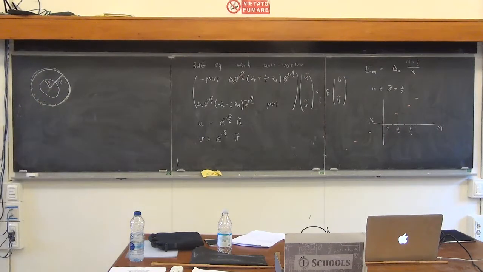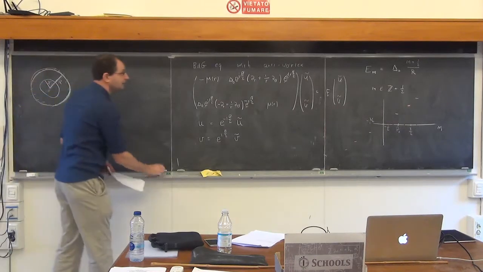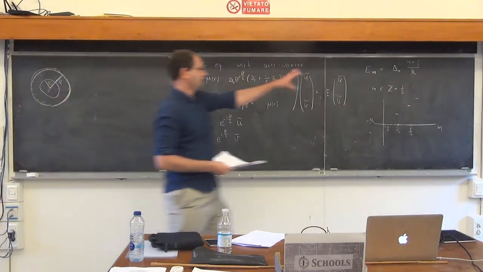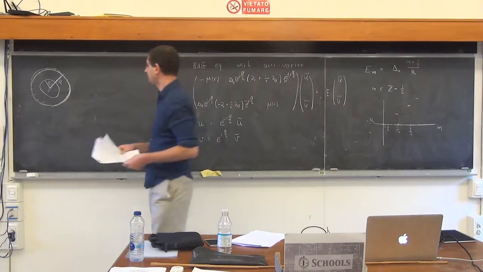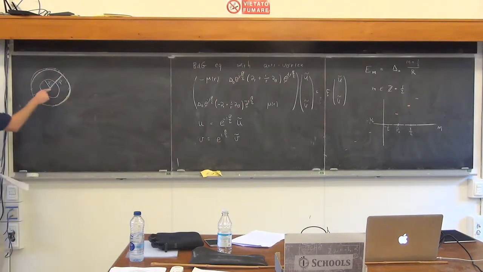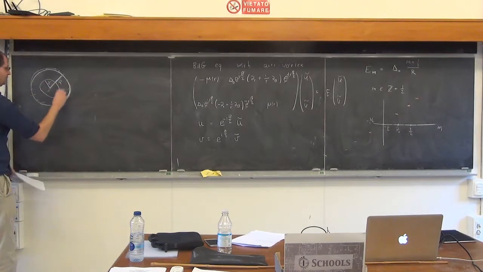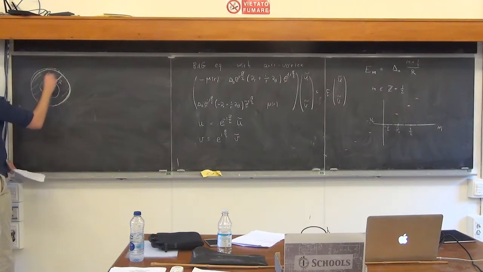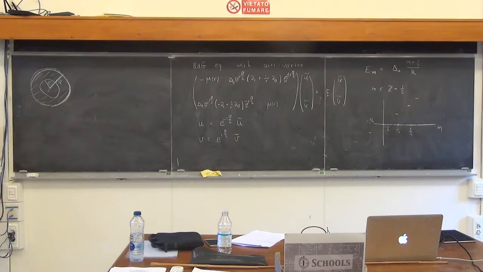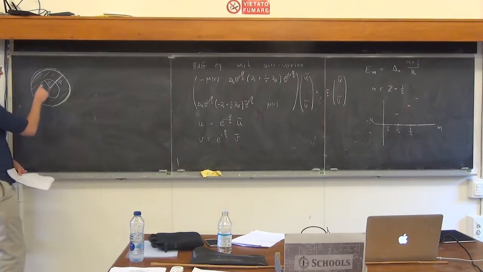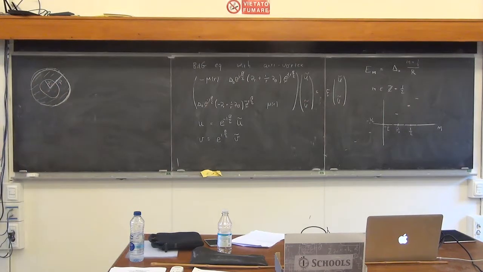Now I don't need to worry about this r dependence of delta, because for small r, this is a hole. My superconductor is here. In the hole, delta is 0. I don't have superconductivity there, but I have created another boundary.